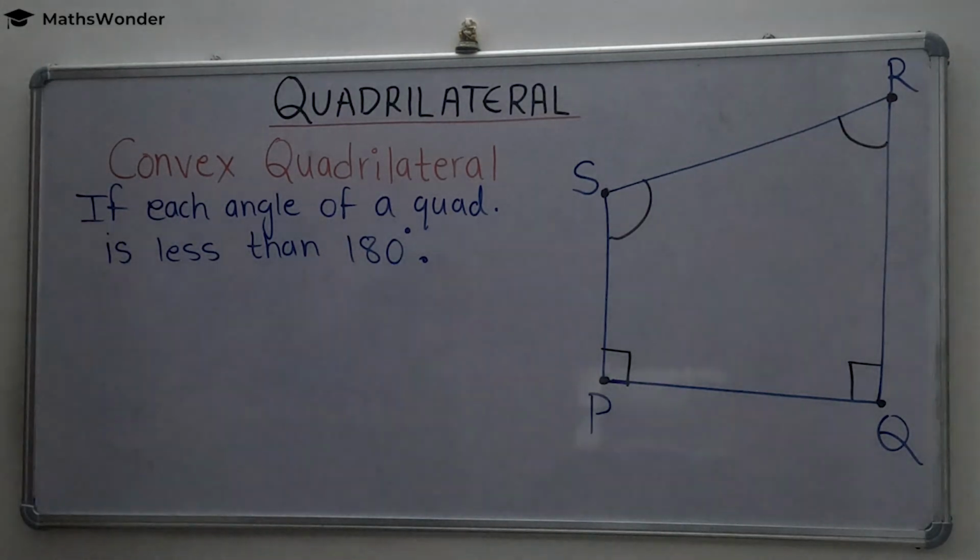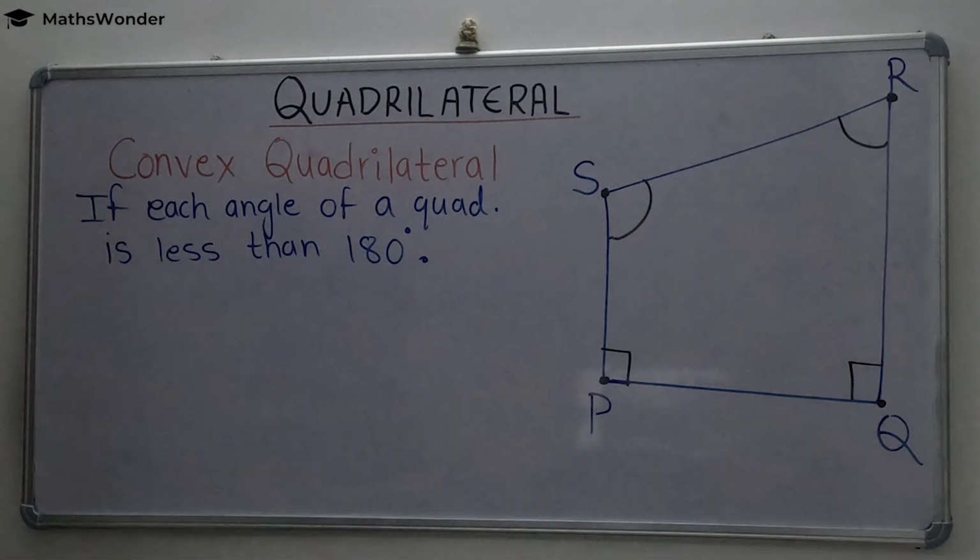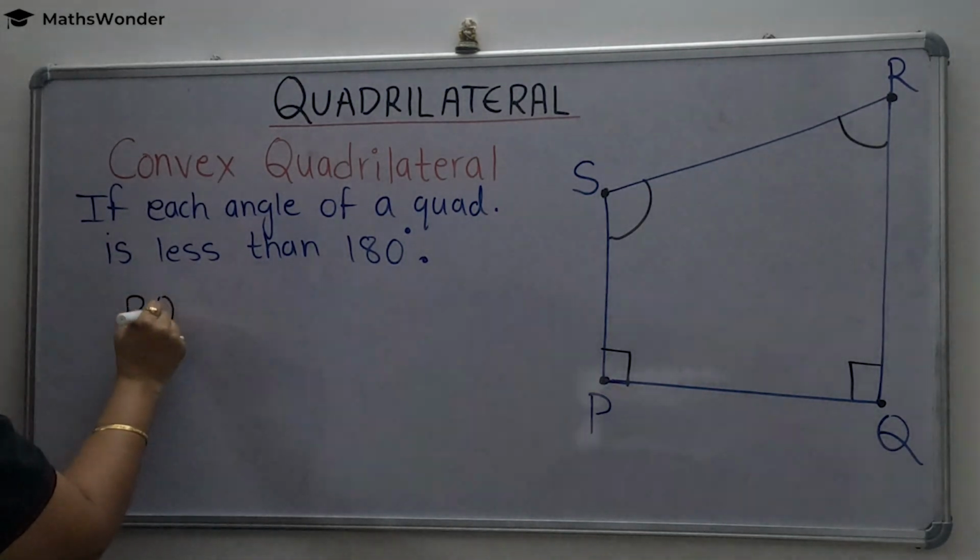A quadrilateral in which the measure of each angle is less than 180 is a convex quadrilateral. And the point of intersection of the diagonals of a convex quadrilateral lies inside the quadrilateral. So what name do you give this figure?